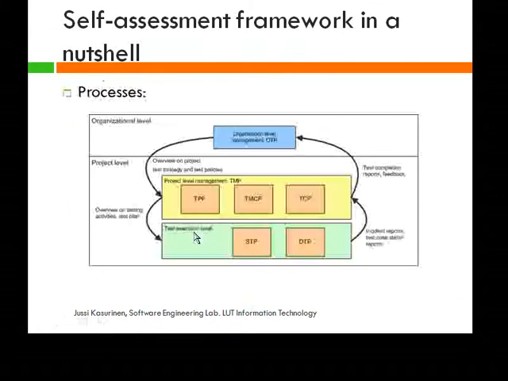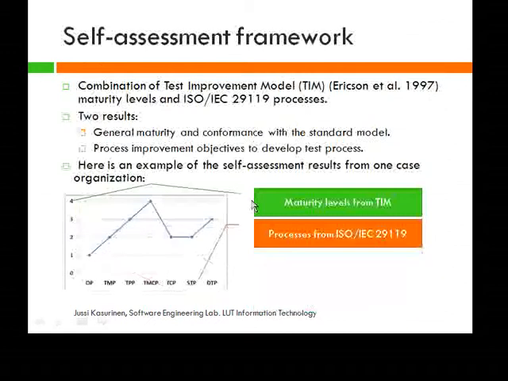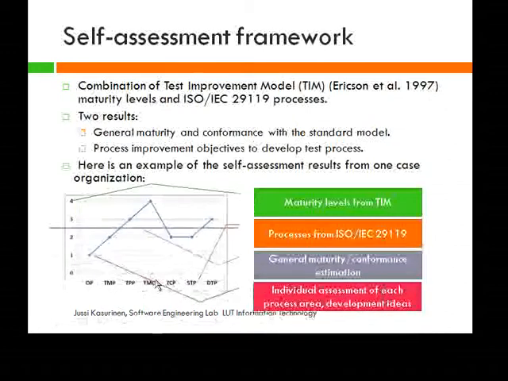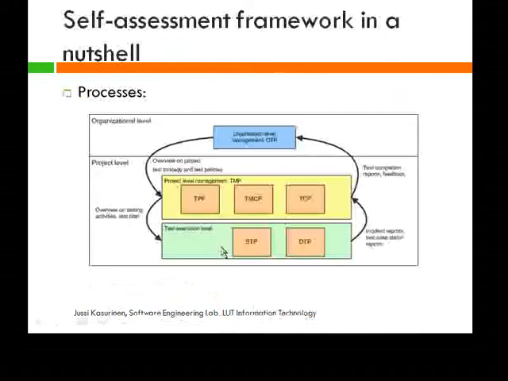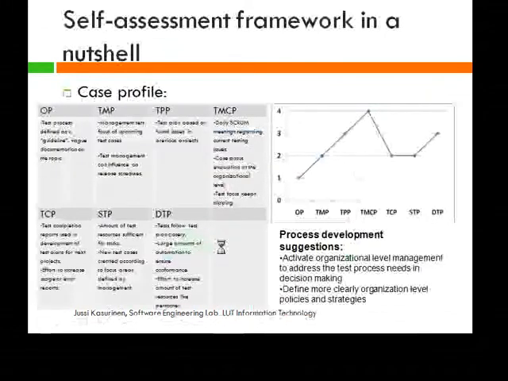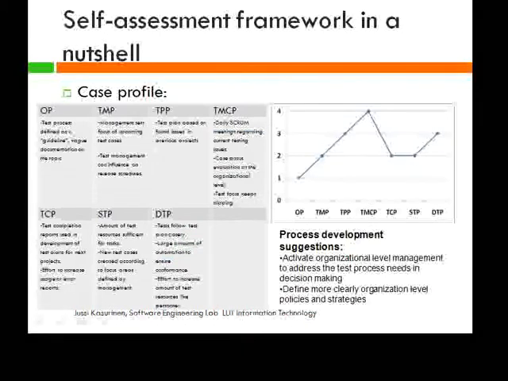So yes, here are the processes, all the OTP, test management and control process, which are then assessed individually here based on the activities and things they do. And well, here's the same model.